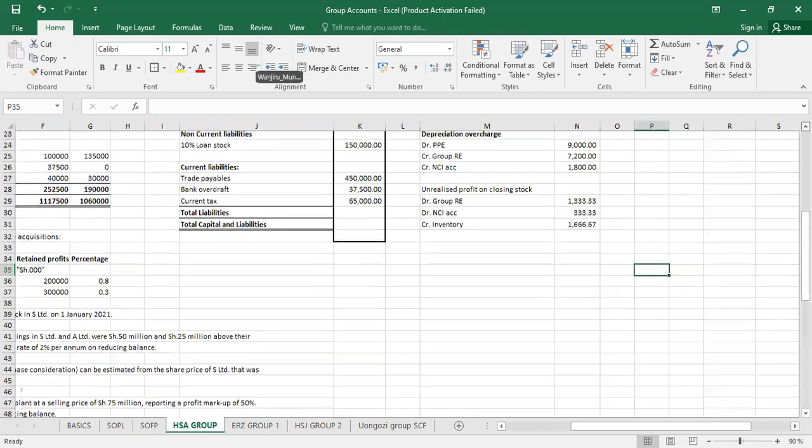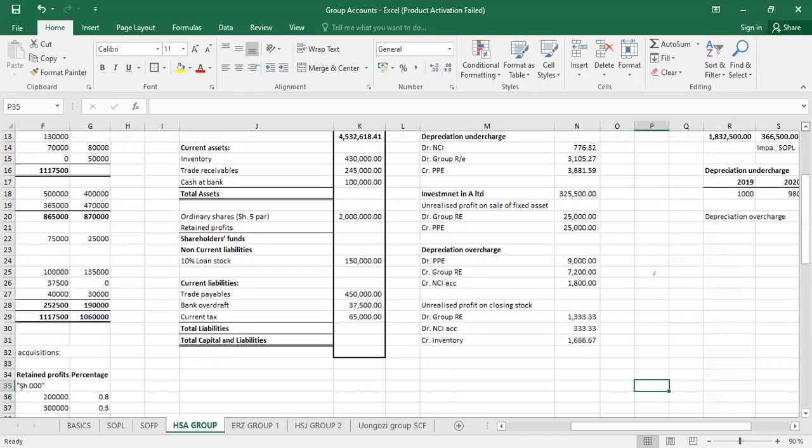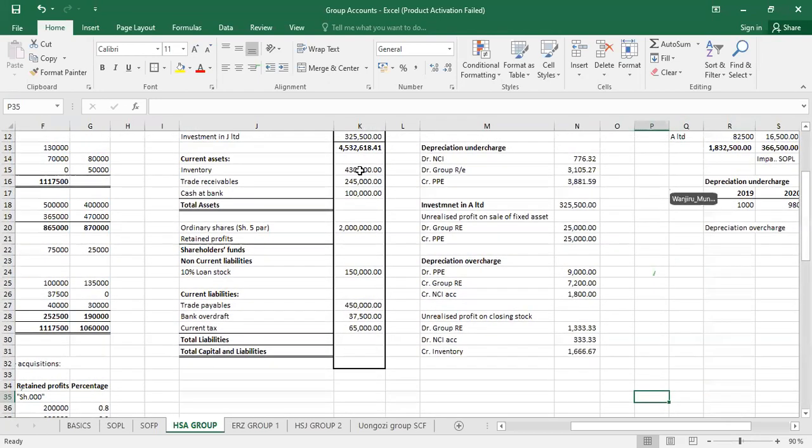The best way, as I told you, is while putting the entry, to credit inventory, because inventory is an asset and it has a debit balance, to credit it, I reduce. For group retained earnings and NCI, we'll compute them, because somewhere we'll introduce another column called NCI. So we'll calculate them there. Don't worry.